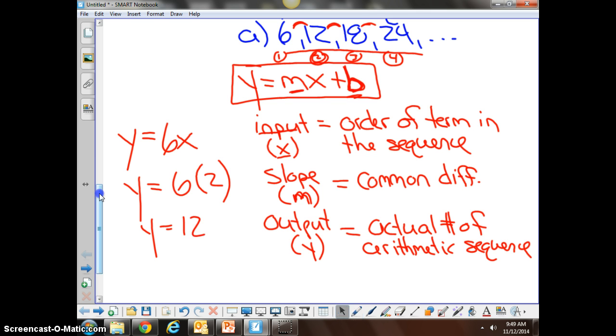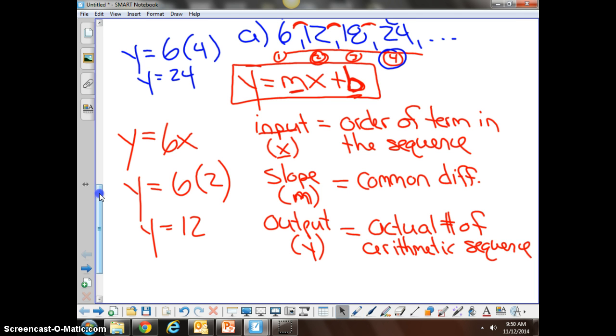And again, sorry for the randomness of where I'm doing my work here because of the screen, and I want to make sure that you can see the whole screen. If we want to know what is the fourth term in this particular arithmetic sequence, we would say y equals the common difference times 4, and that would be 24.